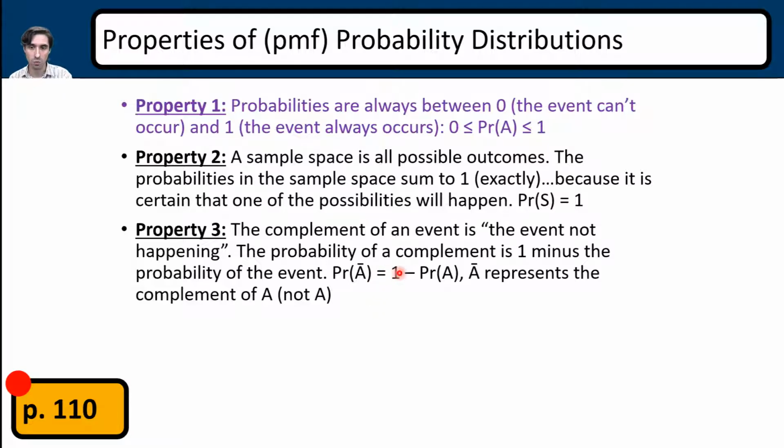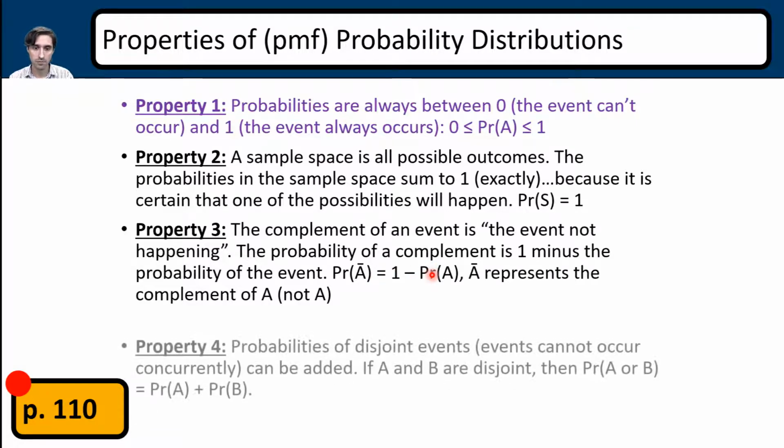So all you do is 1 minus the probability of A. A-hat represents the complement, not A. Let's put this back into our smokers example. If A is the probability of a smoker, that would be 0.2, then the probability of a non-smoker would be 1 minus 0.2, which is 0.8.